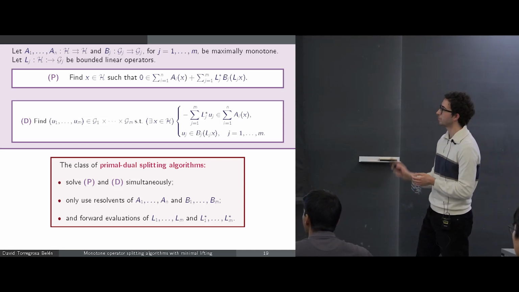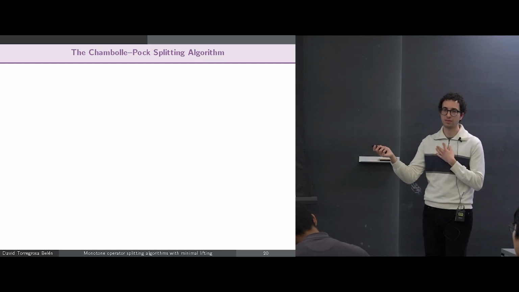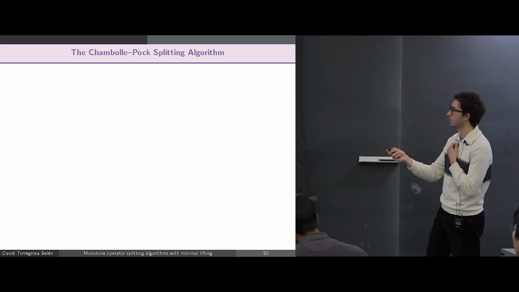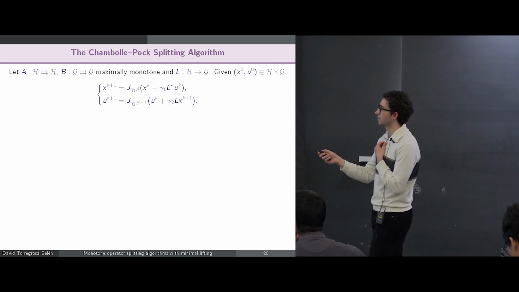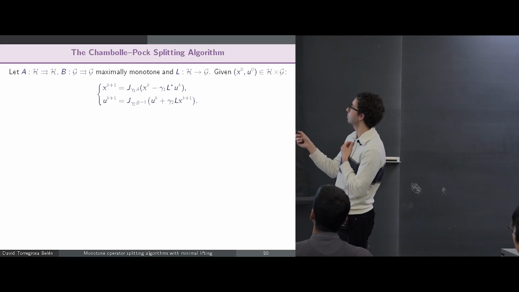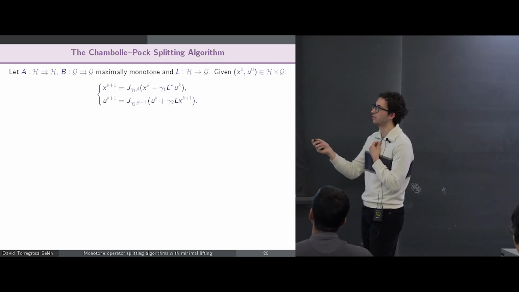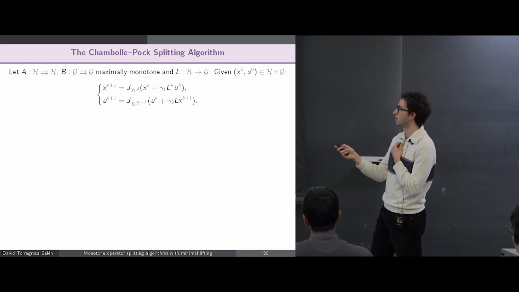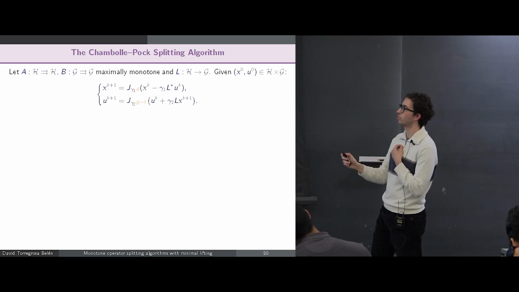Probably the most famous algorithm to address this problem is the Chambolle-Pock splitting algorithm. Going fast, it takes this form here. As you can see, one sequence is given by the primal variables, in H, but it also considers a second sequence, a dual sequence, in G, the space of the linearly composed operator, and then it does evaluations of the maximally monotone operators.